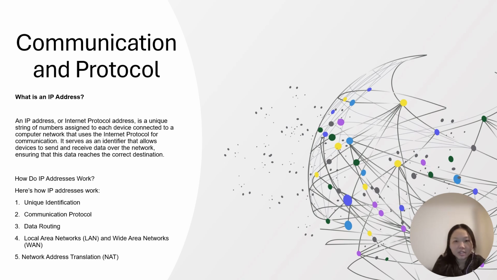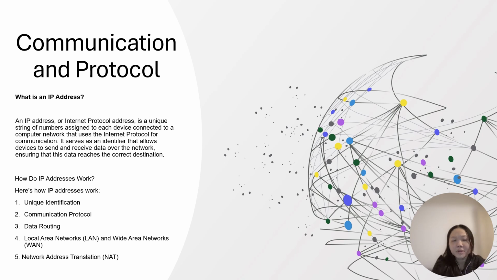Each packet contains the IP address of the destination. Routers within the network read the destination IP address on each packet and determine the best path for the packet to travel. Routers communicate with each other to update and maintain records of the fastest, most efficient routes for data.